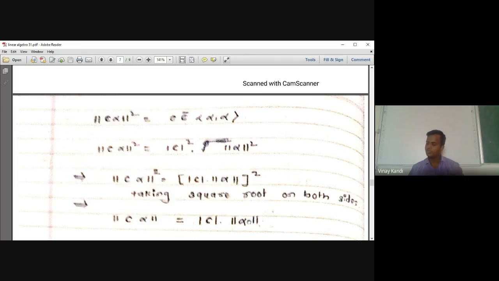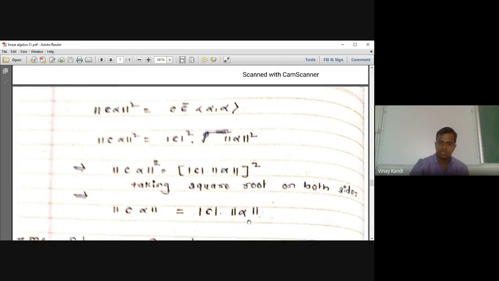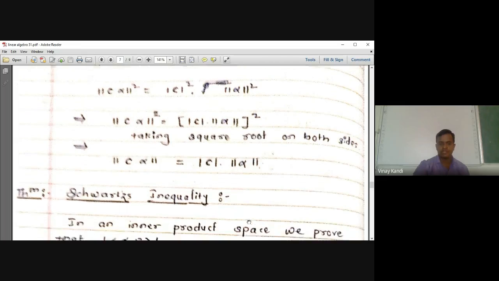Now the next theorem is Schwarz inequality and triangle inequality. Now we see what the Schwarz inequality is.